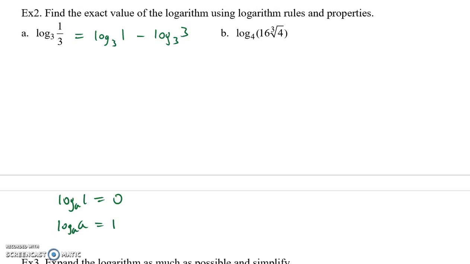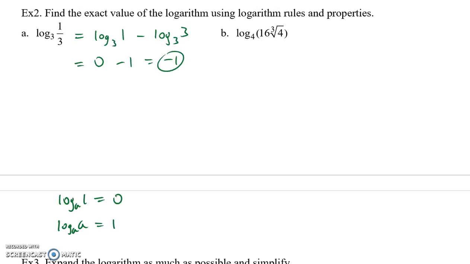So making use of those two properties, the first logarithm is 0, the second logarithm is 1, log base 3 of 3 is log base a of a with a equal to 3, and 0 minus 1 is negative 1. So the value of the logarithm is negative 1.